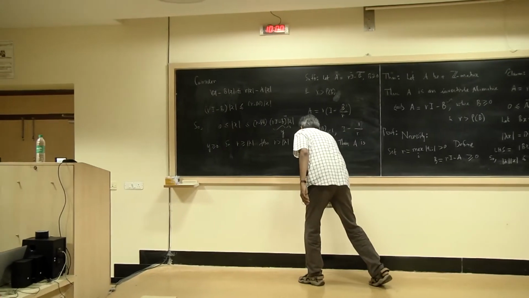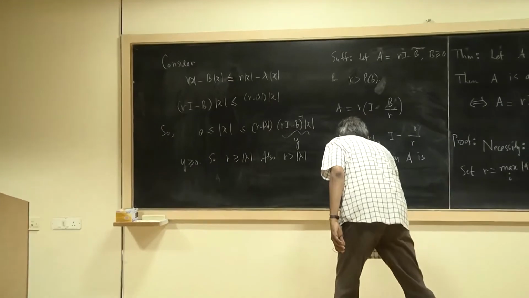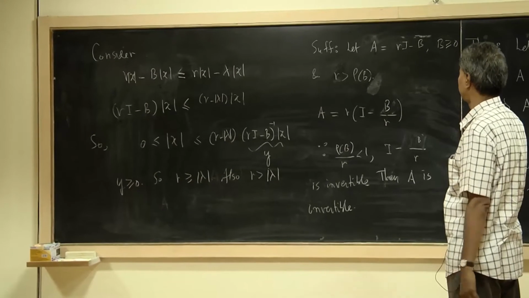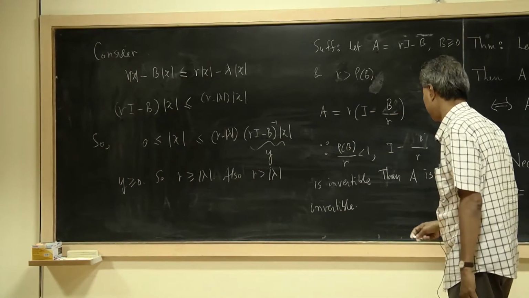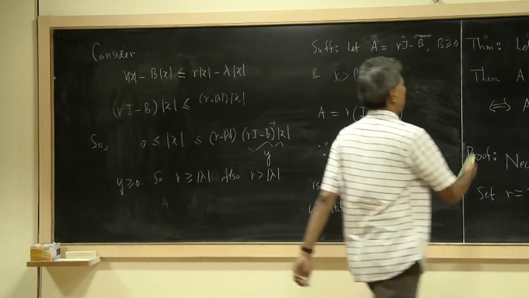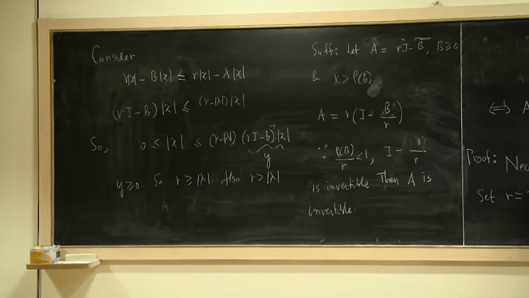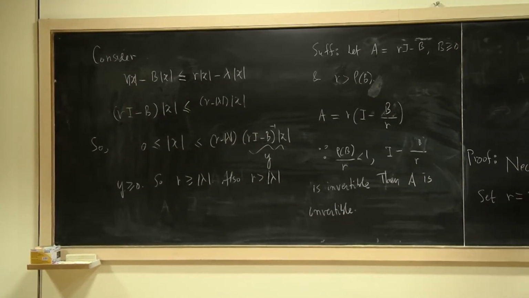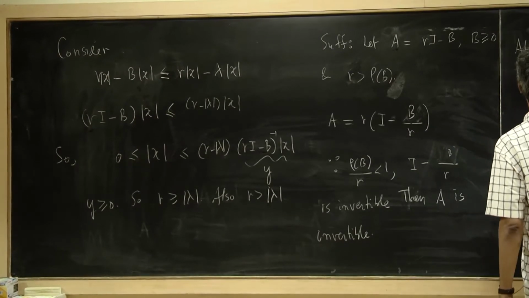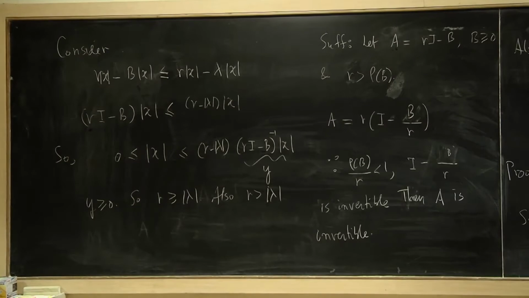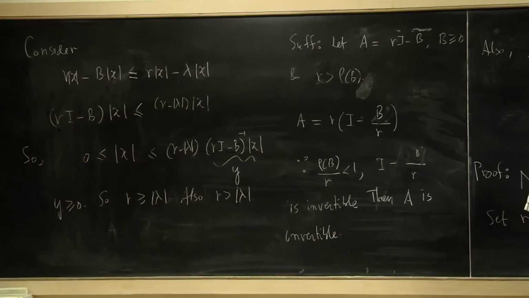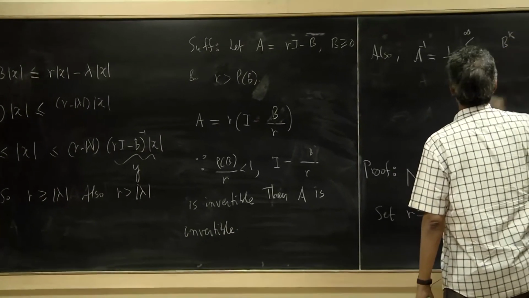From this, for one thing, you can conclude that A is invertible because this matrix is invertible, because R is strictly greater than the spectral radius of B. You also have this expansion coming from the result: A inverse is 1 by R summation k equal to 0 to infinity of (B by R) power k.